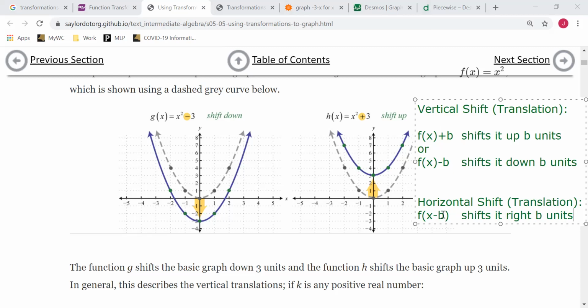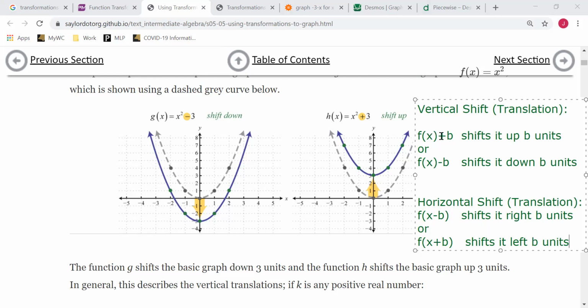Technically, what's actually happening is that you're forcing the function to overcome an obstacle. So it's hard to describe why it has the opposite effect, but for the moment, we'll say that it does. And if you add a number in with the x, it shifts it left b units. So it goes the opposite direction when it's applied with the x, or with the horizontal. So that is going to be a little bit confusing.